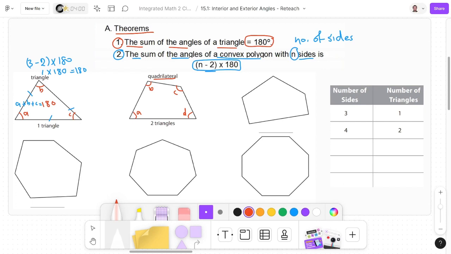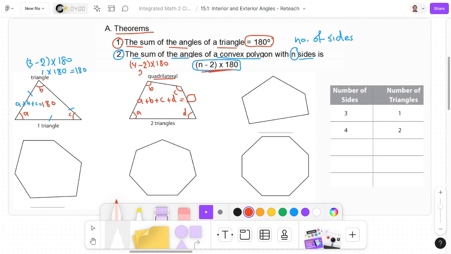We can write A plus B plus C plus D is equal to what? How can I know this one? I can use the formula. Let me apply the formula: 4 minus 2 times 180.